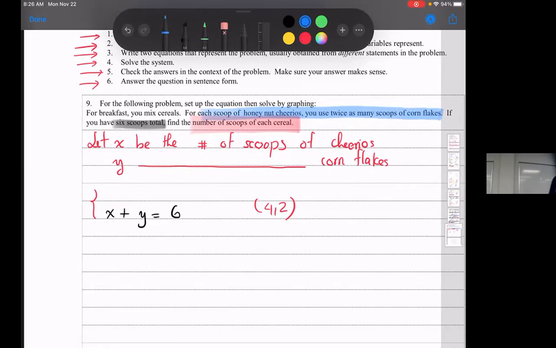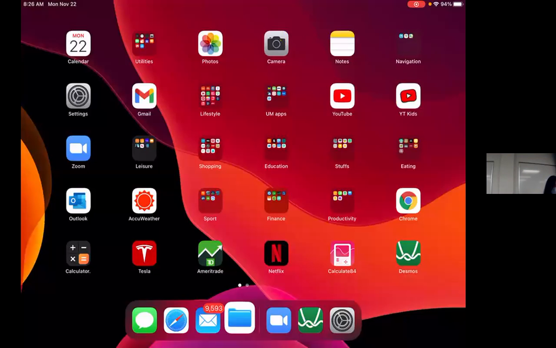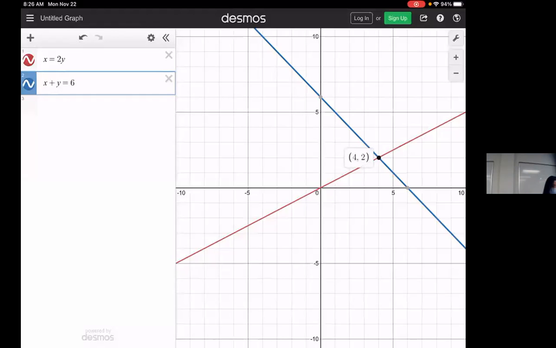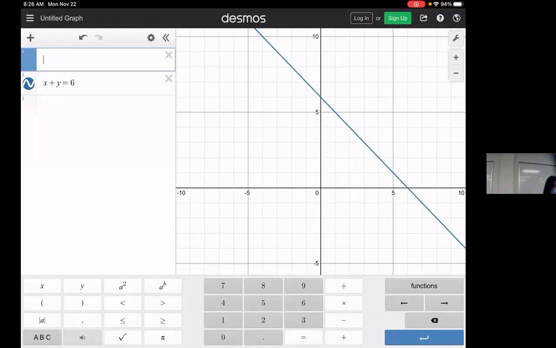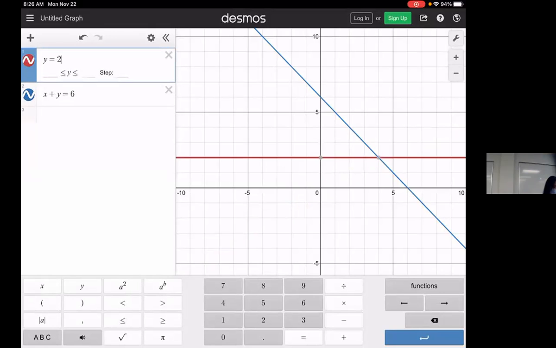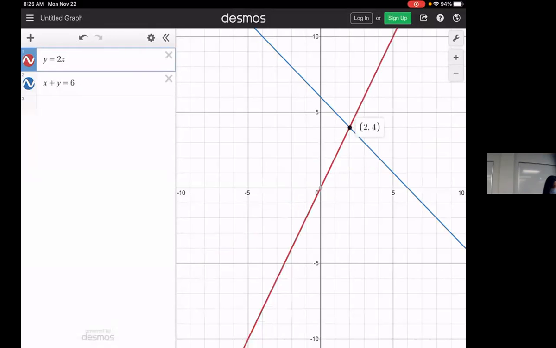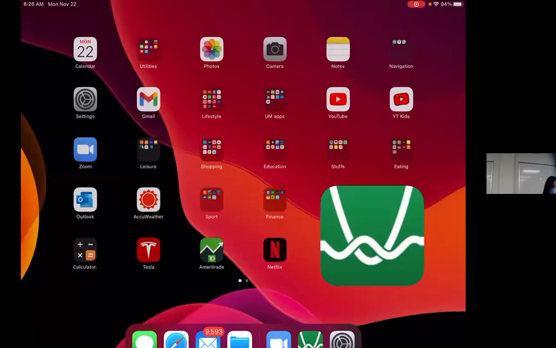So Y equal to X. Let me go back. Don't worry, we have another chance to practice on 5.2. Y equal to X. Right there, 2, 4. Yeah, it's supposed to be 2, 4.